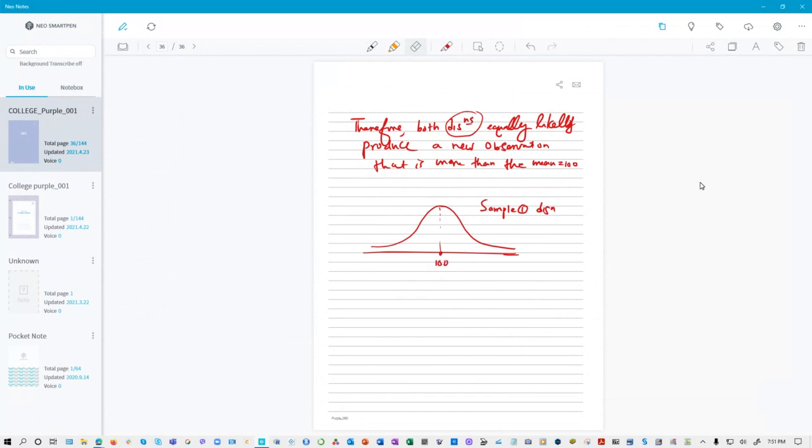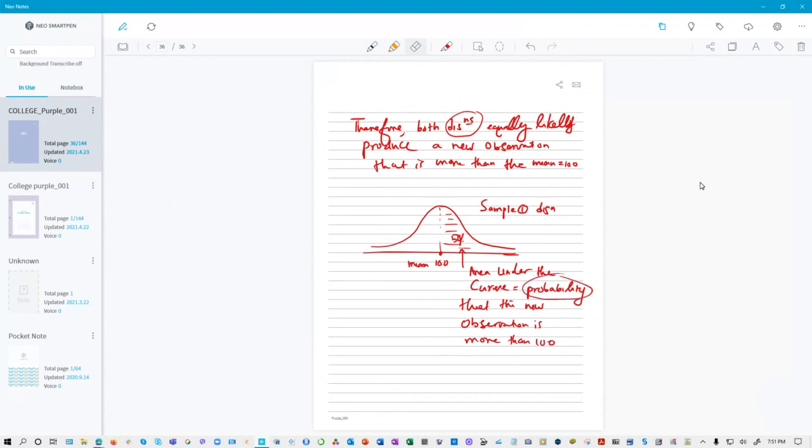I say more than 100, more than the mean, I have 50%. That 50% is nothing but the area under the curve, or the probability that the new observation is more than 100.